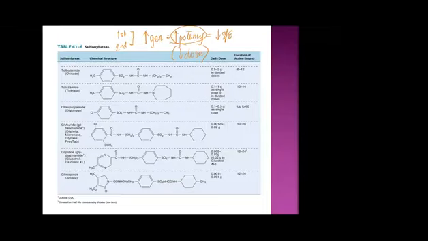So what are our examples of first and second generation? Let's draw a line. The first generation is on top. So we have tolbutamide, tolazamide, chlorpropamide, and kindly add another example of a first generation, acetohexamide. Okay? So these are the examples of first generation sulfonylureas.